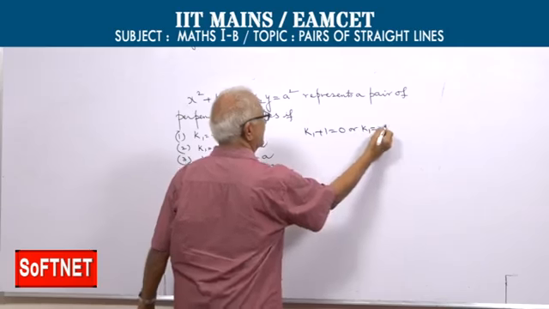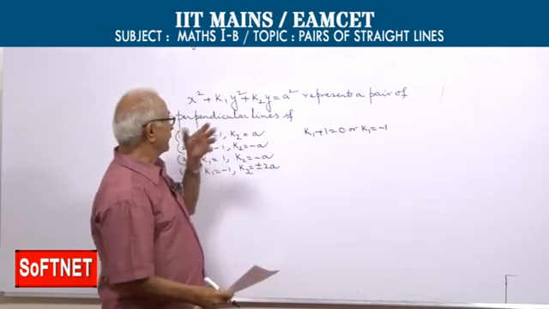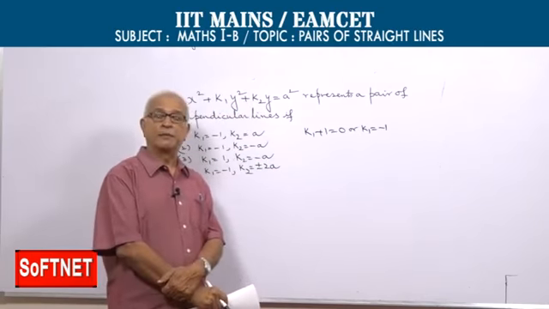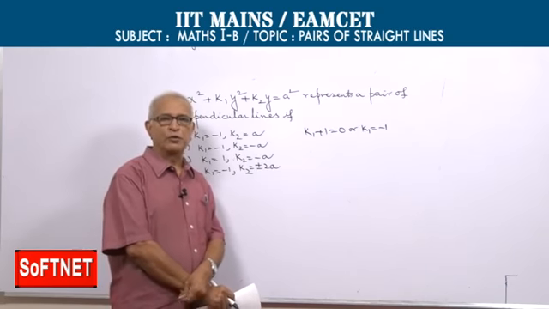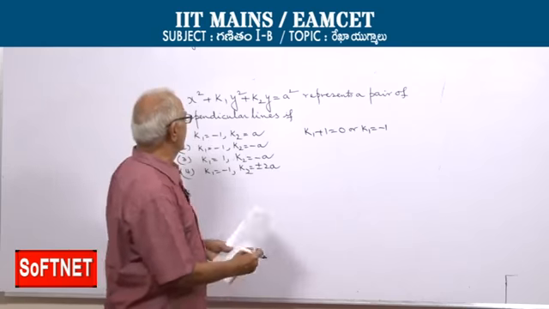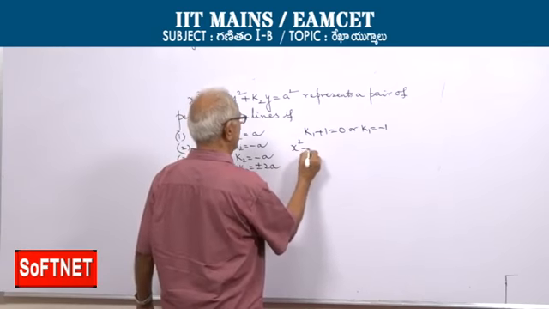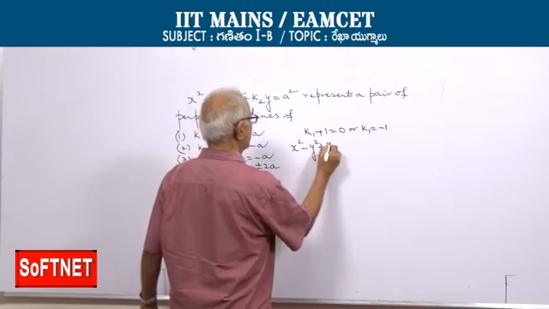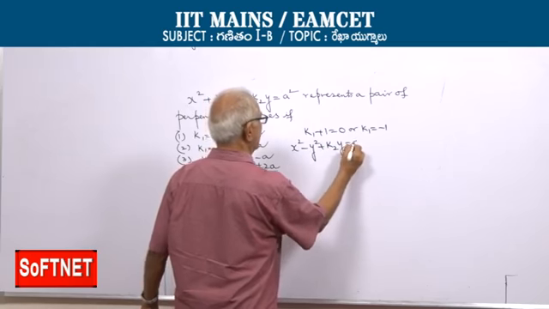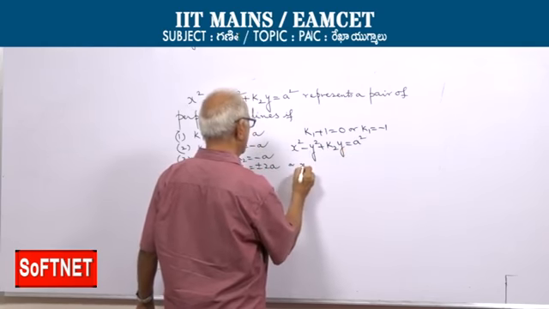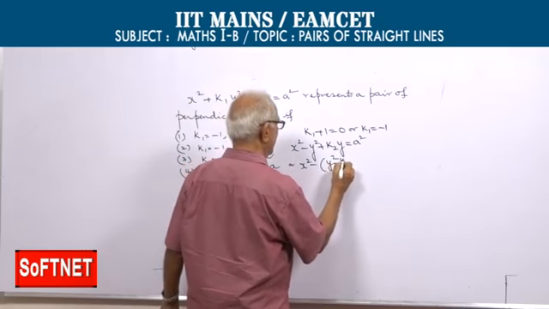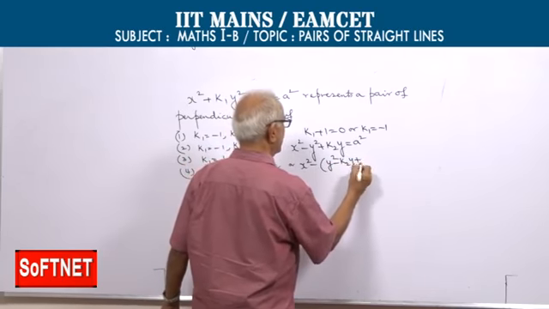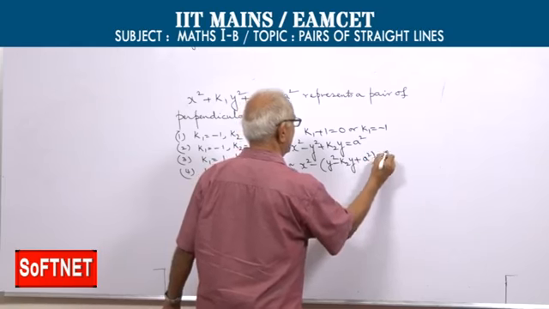So after you get K1 equal to minus 1, for determining K2, you can apply that determinant equal to 0. But I already told you, it is always advisable to go for the elementary factorization. I will write the equation like this: x square minus y square plus K2 y is equal to a square, or x square minus y square minus K2 y plus a square equal to 0.